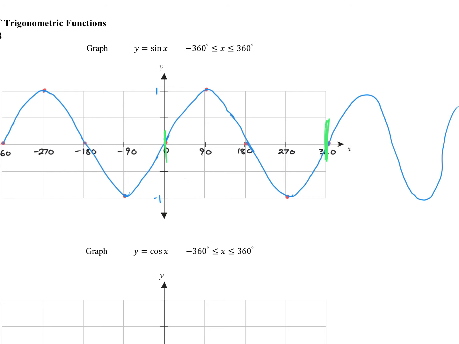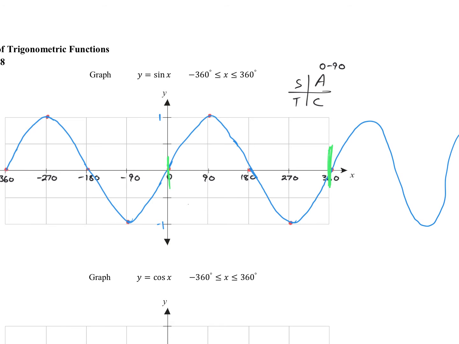Now, let's think about when we did the unit circle just before, and we said all stations to central. So the first quadrant is angles between 0 and 90, and we said that the sine graph was positive. This is angles between 90 and 180, and we said that the sine graph was positive.